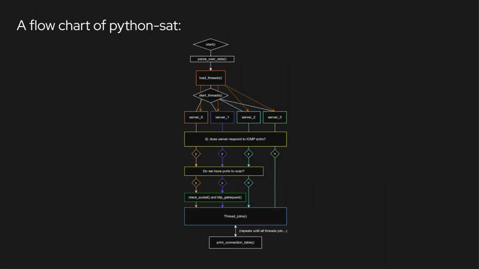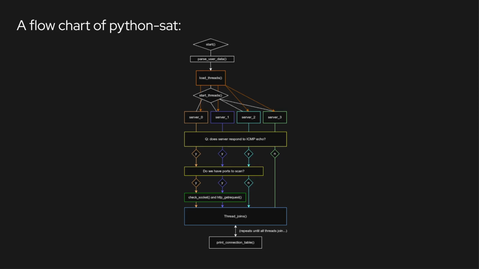All right, so the last thing that we have to take a look at is concurrency in Python. We're going to try to explain how this works inside of Python SAT specifically, but essentially, we want to use concurrency inside of this program because when it comes to working with network devices, not all devices will respond. So if we did this through a traditional for loop, it's going to have to wait until each device responds individually, which is very inefficient at a large scale.